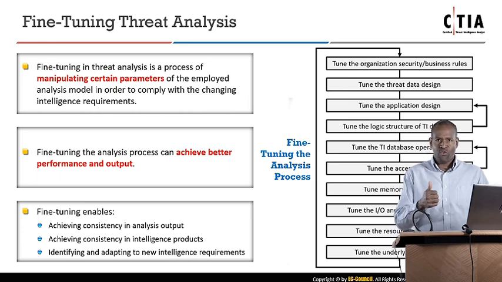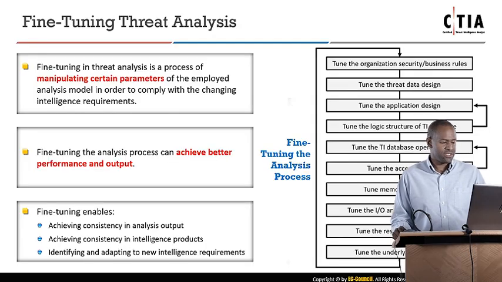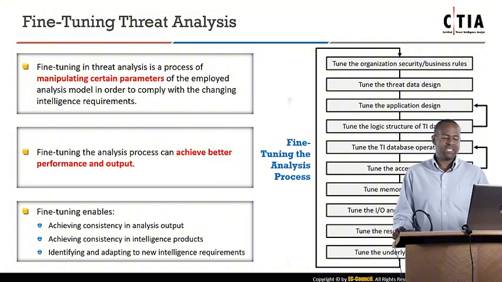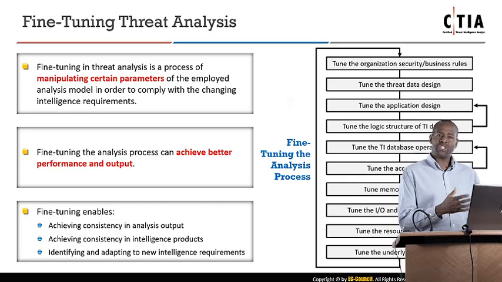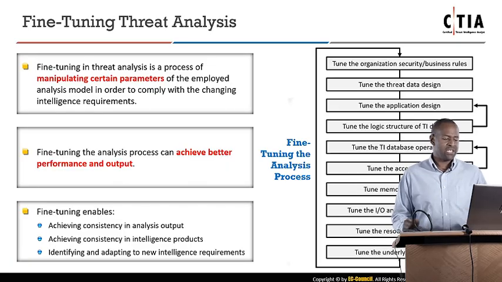So we want better performance from our devices. We want better output for our reports. And fine-tuning will help us to get consistency in our analysis output. So from one time frame to another, from one situation to another, we have consistent output.